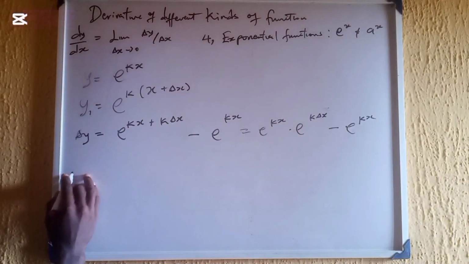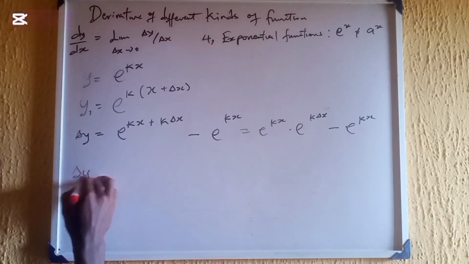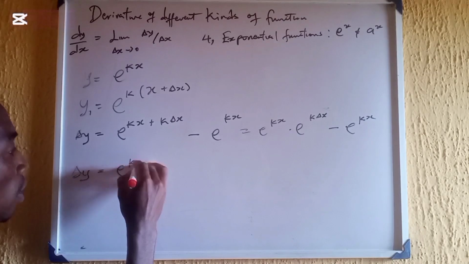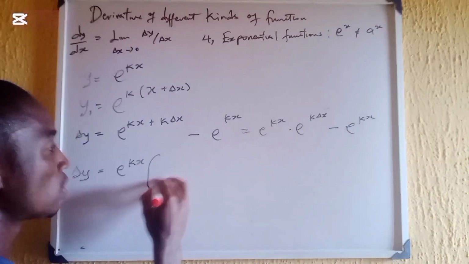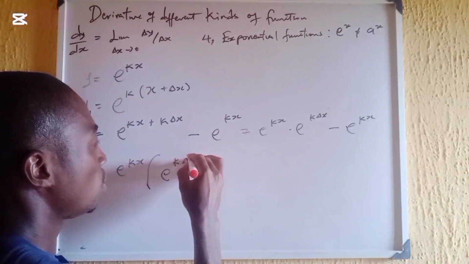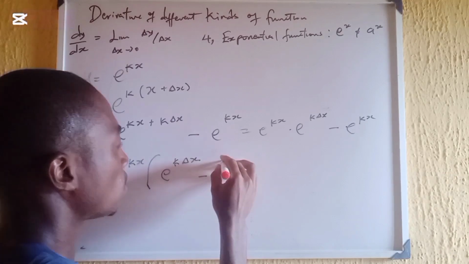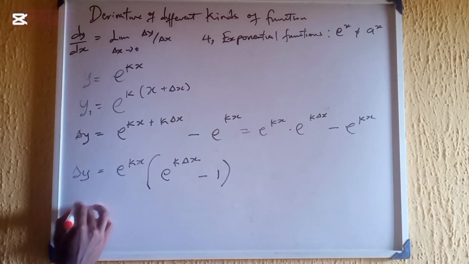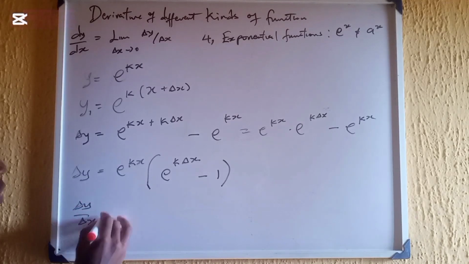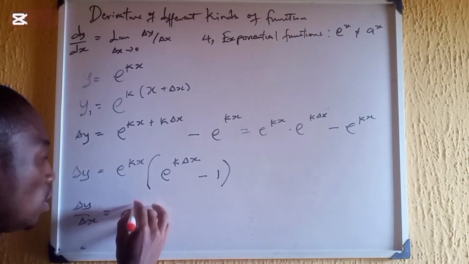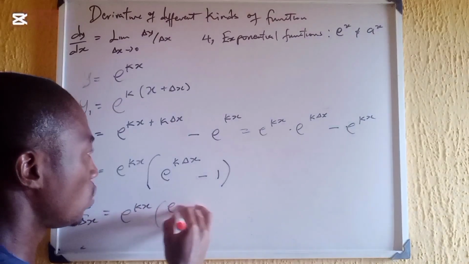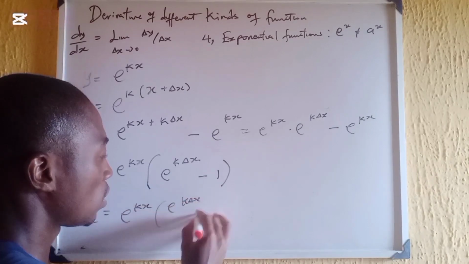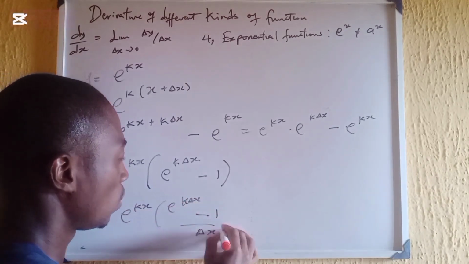So you pick your kx, e to the power kx. So change in y is equal to e to the power kx into what? e to the power k change in x minus 1. So what do we have? Divide. We'll be having change in y over change in what? x. And that gives us e to the power kx into e to the power k change in x minus 1 over change in what?